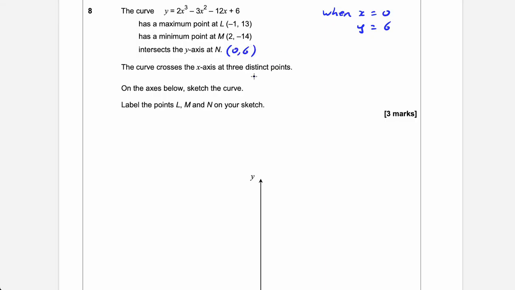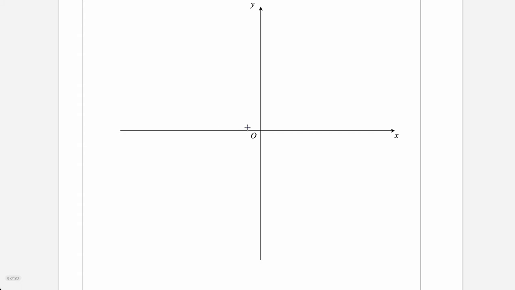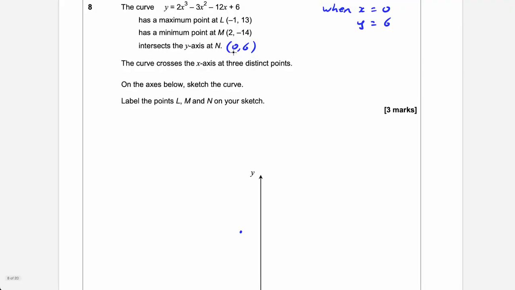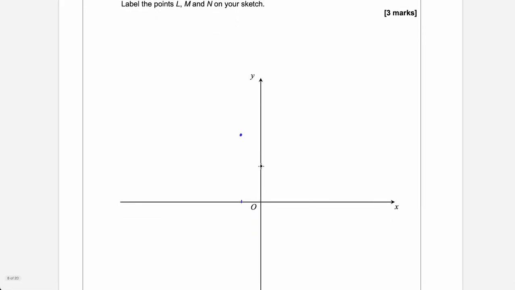Okay, so we're going to sketch this. We have our maximum at minus 1, 13. Let's say that's minus 1, and let's just say 13 is about here. Then we have our N at 0, 6, so that would be a bit less than halfway. I don't know, let's say there.